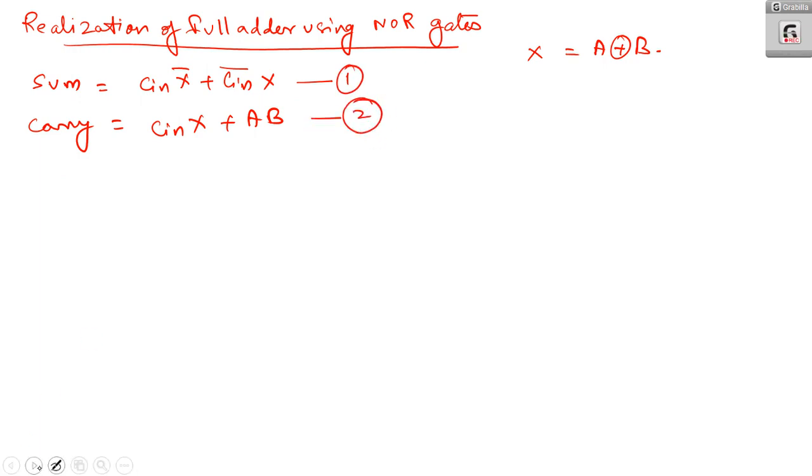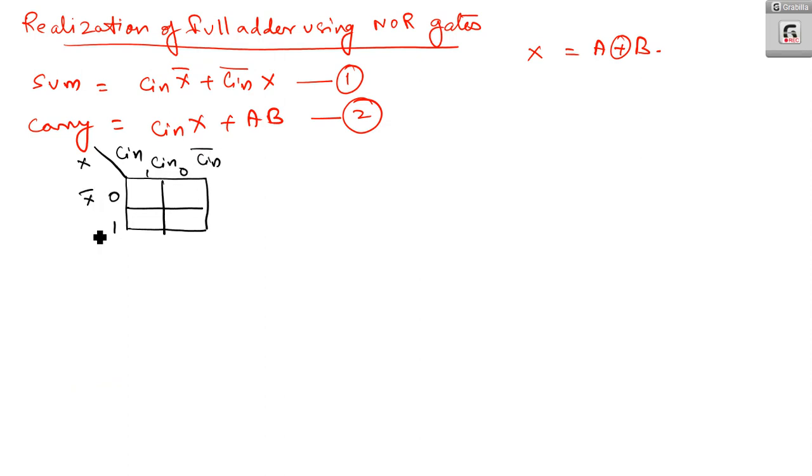Now to derive the POS form of sum, I am drawing a K-map. Cin 0 1, 0 1 2 and 3.